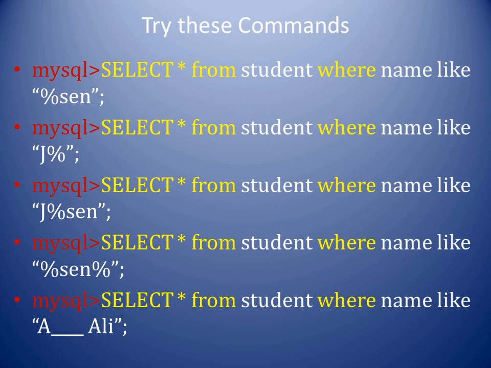In statement 2, all records where the name starts with J are displayed. We have used here J percentage, which means the names which start with J, but we don't know what comes after that J. So we have used J percentage. In the same way, others will also execute.